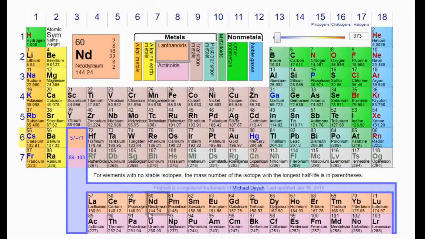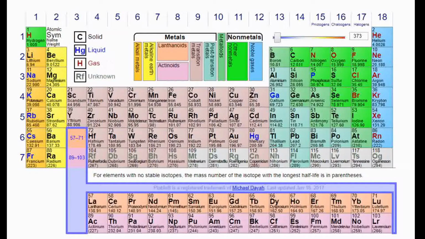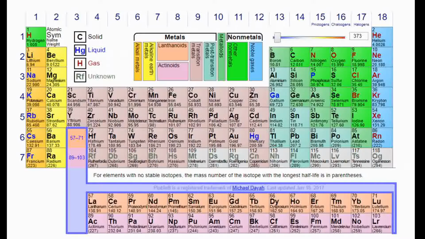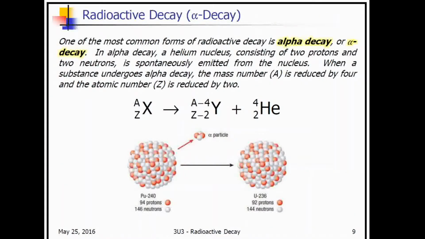Now what was basically happening is we had uranium, and you can see that uranium's mass is 238. But in our sample question, we're working with plutonium first. So you can see that plutonium has a mass, in brackets, of 244. But our question here says it's plutonium-240. So let me just go back and show you. It was Pu-240.